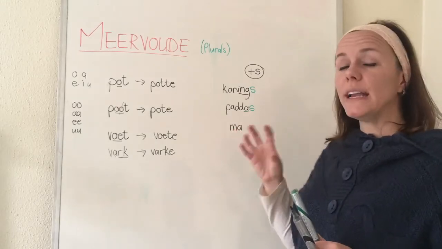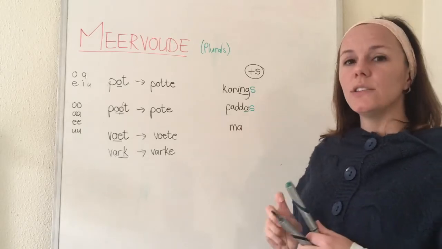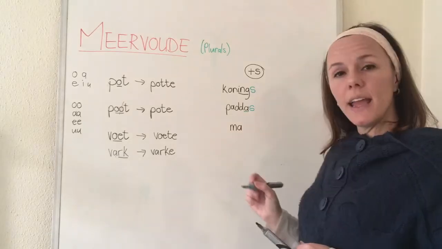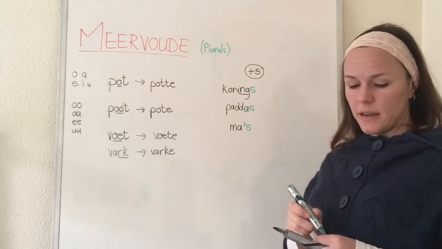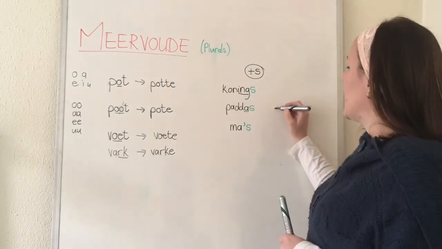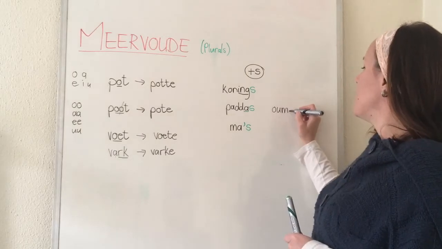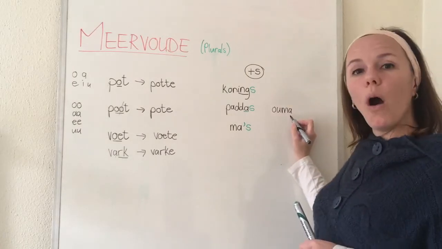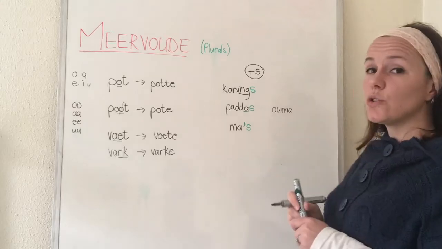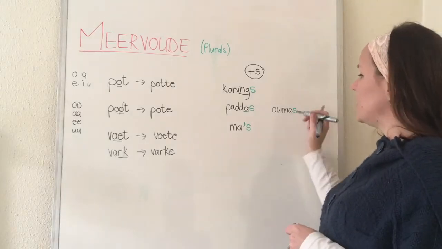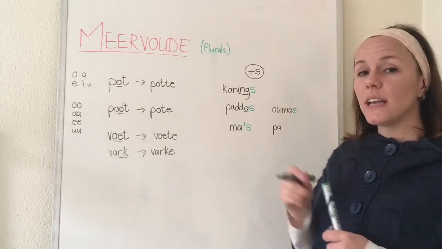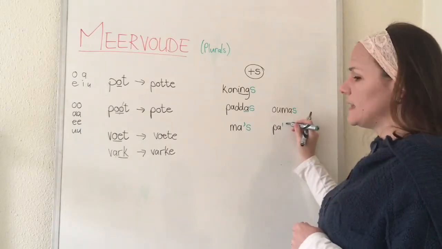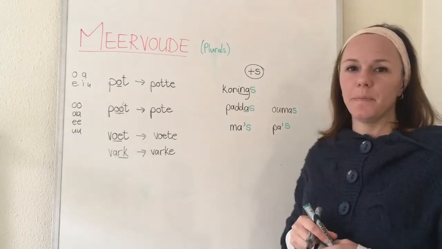But ma is a long sound, R. So instead of adding an S, we're going to add an apostrophe S. So the same if we have, for example, oma. That's a short sound, so that will only get an S. But pa is a long sound, R. It will get an apostrophe S.